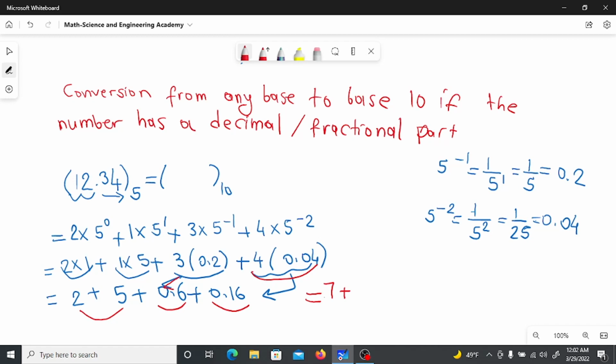This is 0.76, so you can write 7.76. We can put here 7.76 in base 10. Let's do one more.